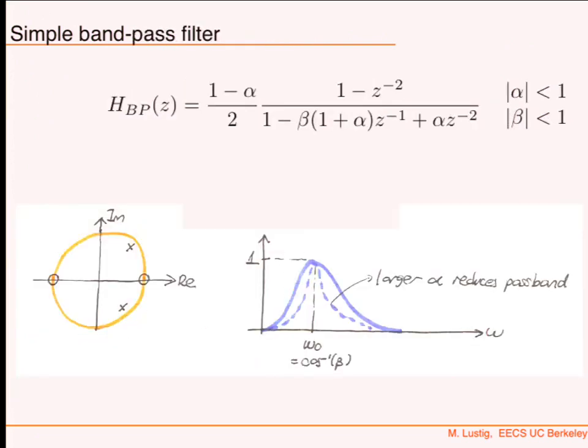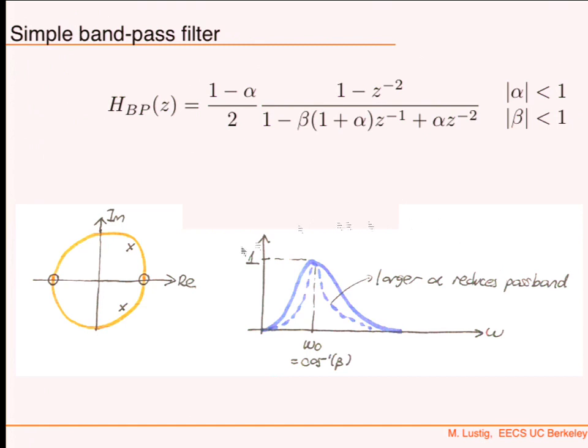You can also look at a simple bandpass filter. If you parameterize it in this particular way, again it's a second order system. It's parameterized in the same way, where now omega 0 is the inverse cosine of beta. And again, the larger alpha would reduce the passband.